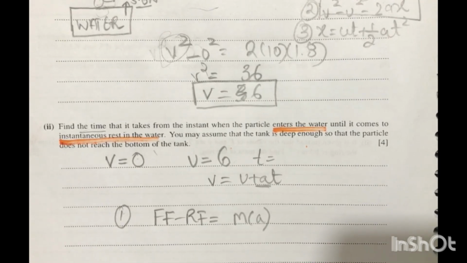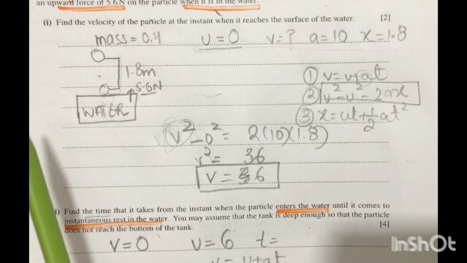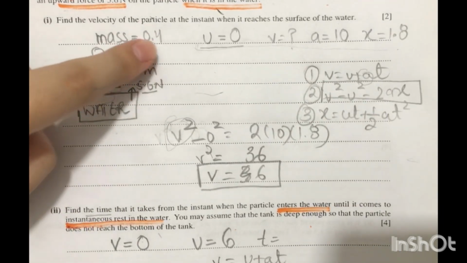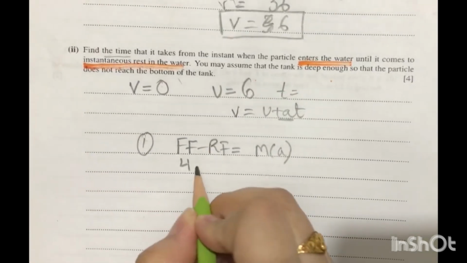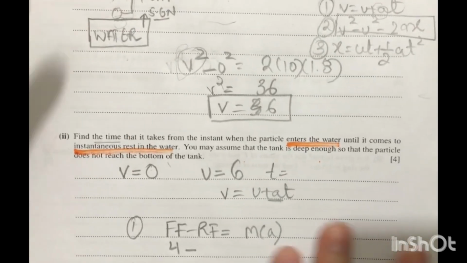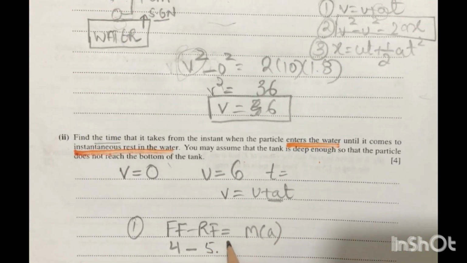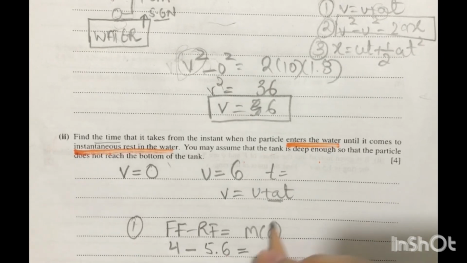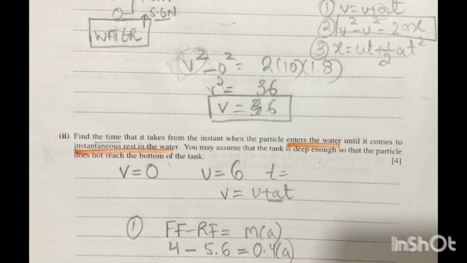So the forward force will obviously be the particle's weight, so that will be 0.4 times 10, which is 4, minus, since the question has mentioned that the resistive force is 5.6 newtons, minus 5.6 equals the mass of the particle multiplied by the acceleration.